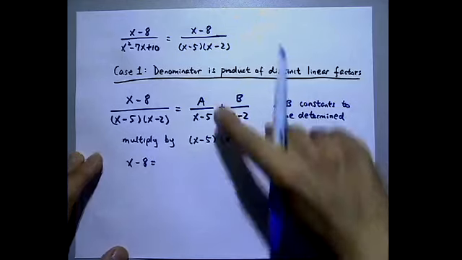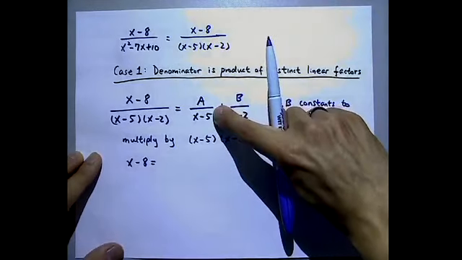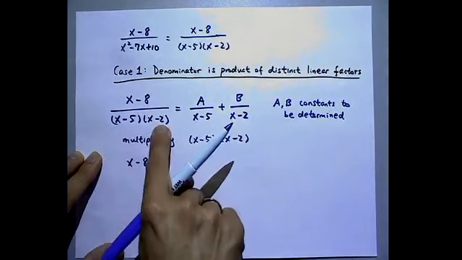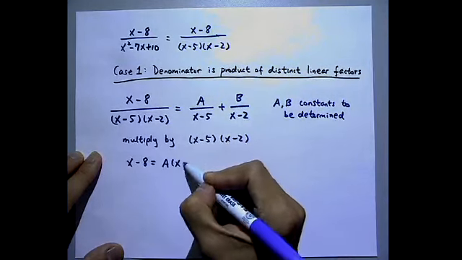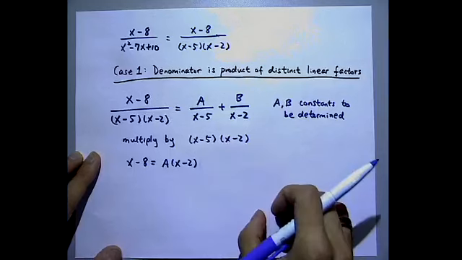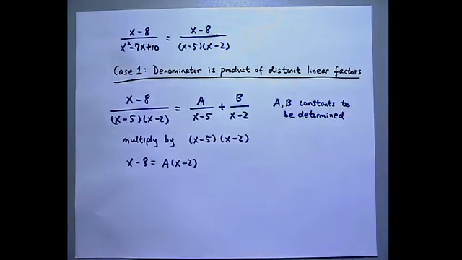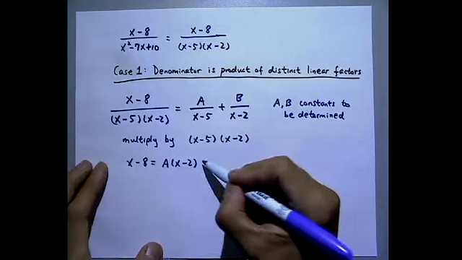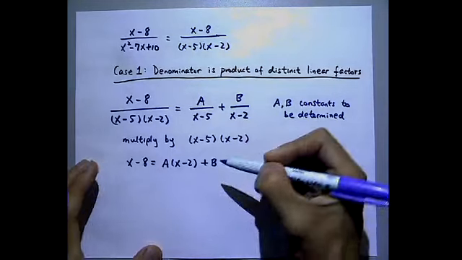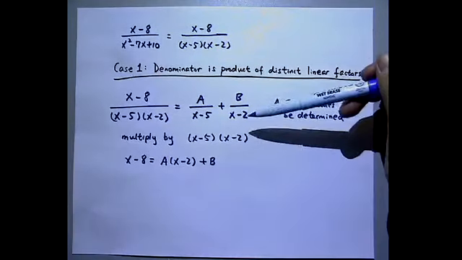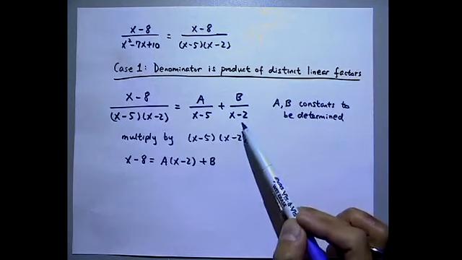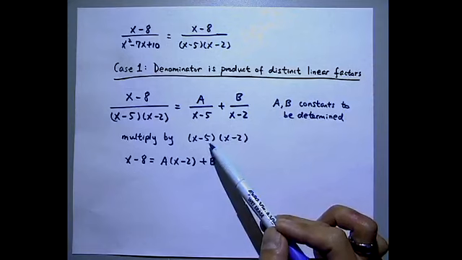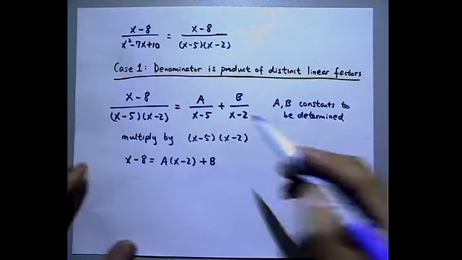The right side, A over x minus 5 times x minus 5 times x minus 2 gives me A times x minus 2, right? Then the other one is B over x minus 2 times these two things. The x minus 2's cancel, and I get B times x minus 5.